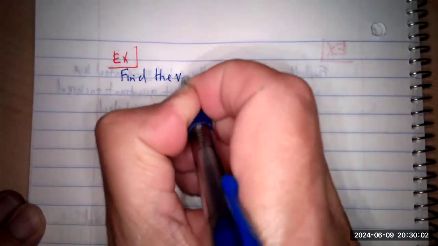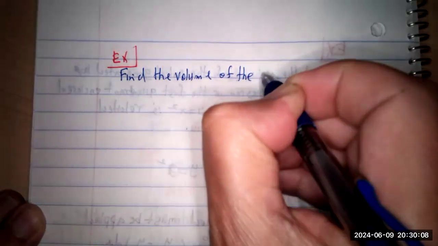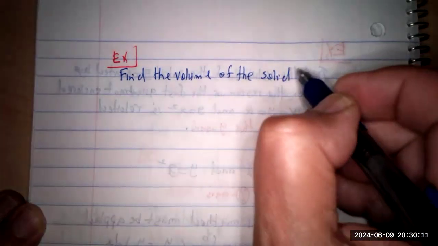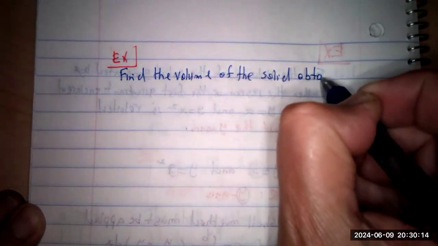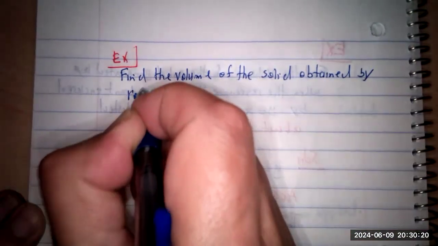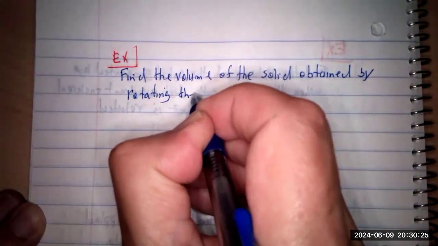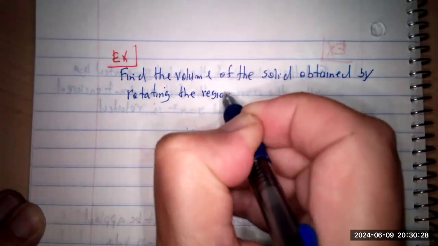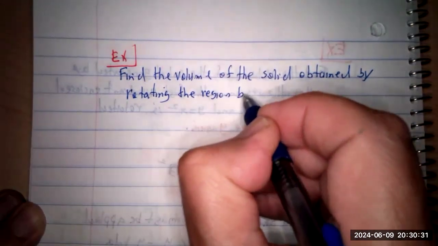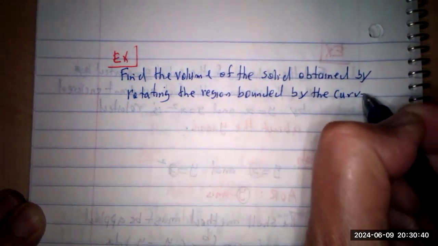Find the volume of the solid obtained by rotating the region bounded by the curves, or the graph curves.